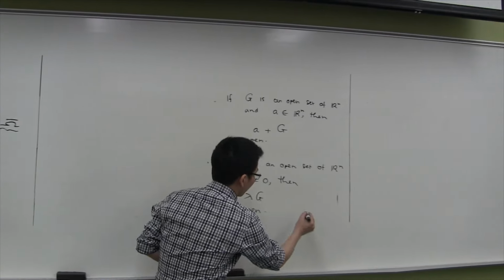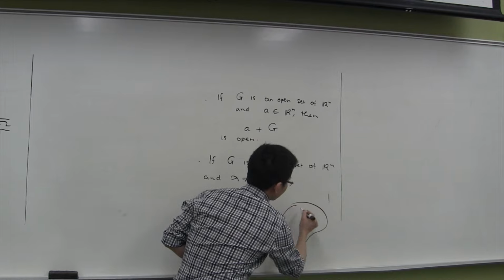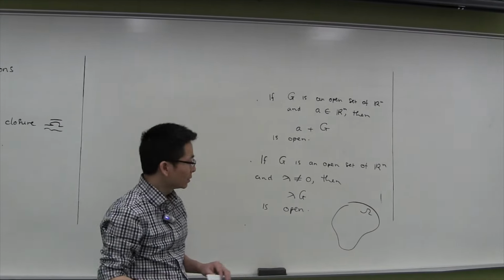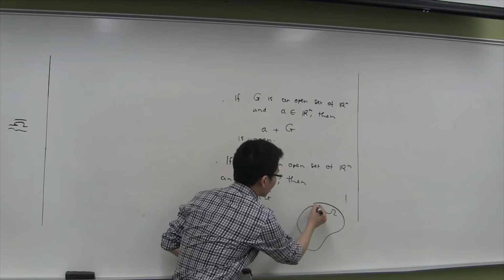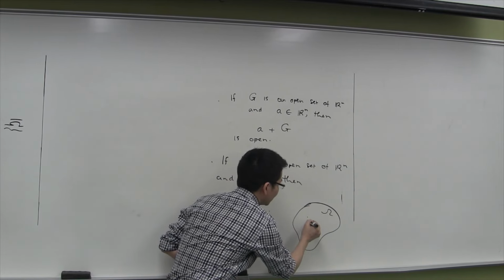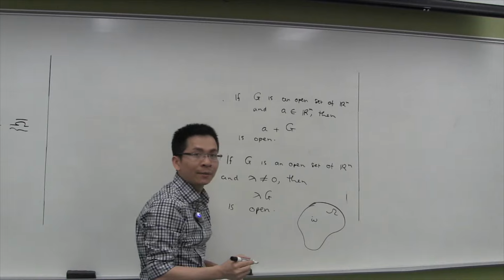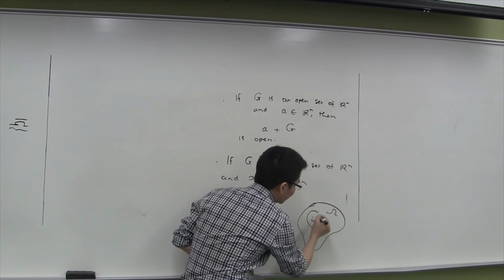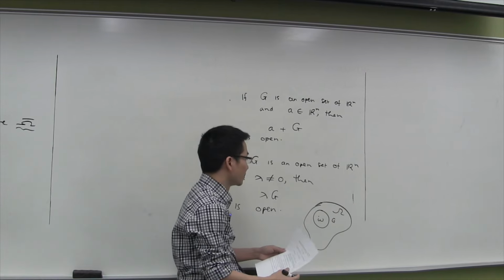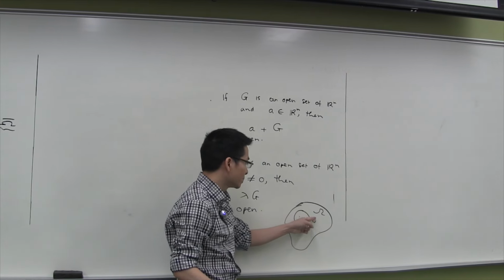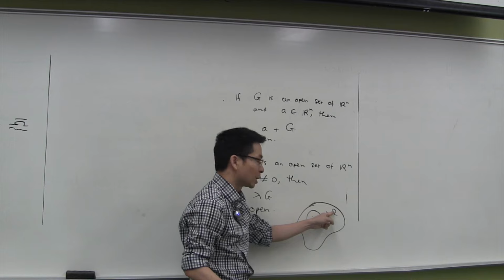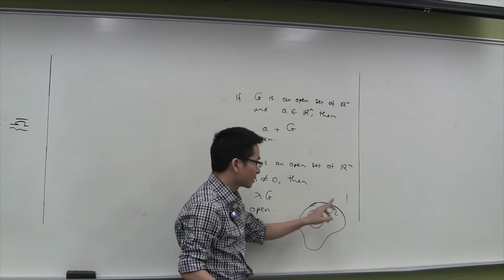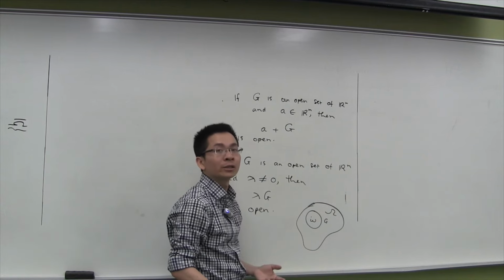Now, if omega is any set, and we can prove that for any point omega in the set there exists an open set G that contains it, and G is a subset of the set omega, then we can see that omega is also open.